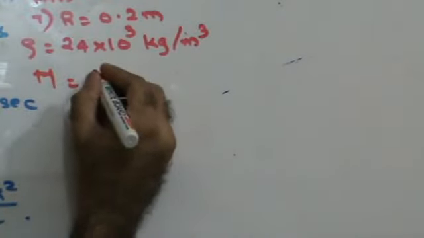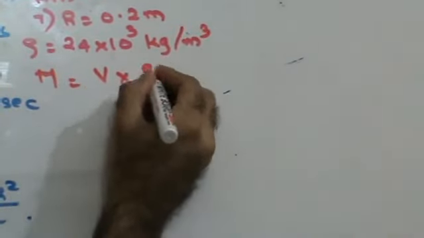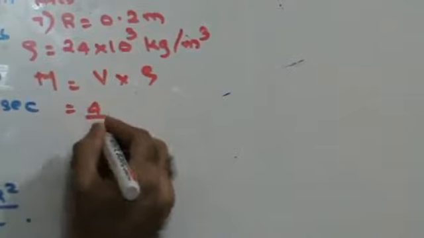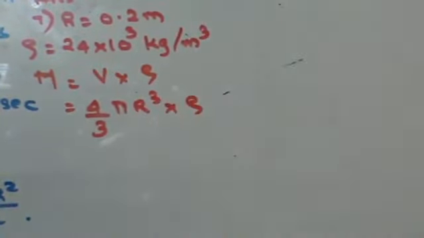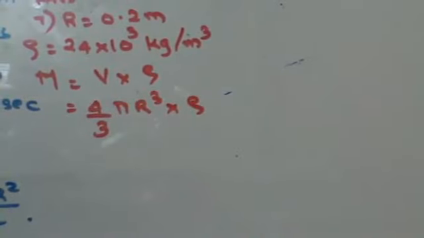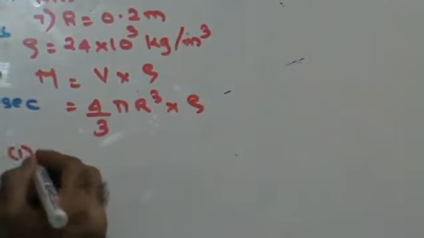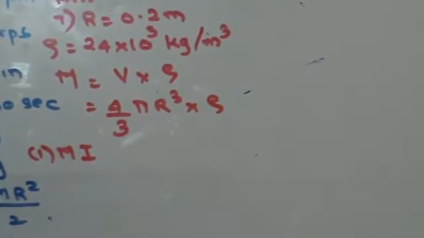Now, first of all, let's find out the mass of the sphere. Mass of the sphere will be volume into density. Volume is 4 by 3 pi r cube into density is rho. So I'll come to know the mass of the sphere. Once I know the mass, then I can find out the moment of inertia about diameter.